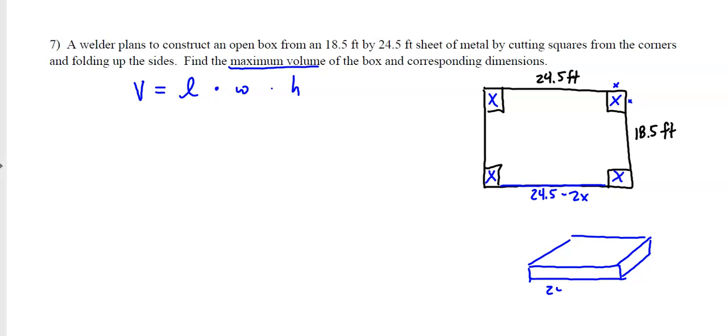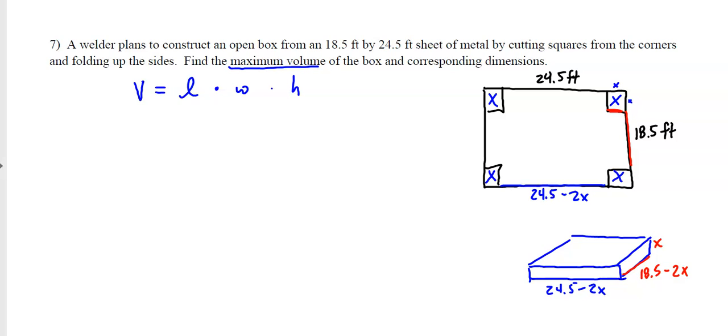So I have a 24.5 minus 2x. Then over here on the width, this piece, that's going to be 18.5 minus 2x. And then the height is going to be whatever I fold it up as. That's just going to be my x.